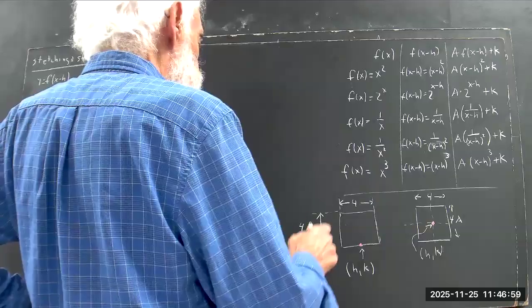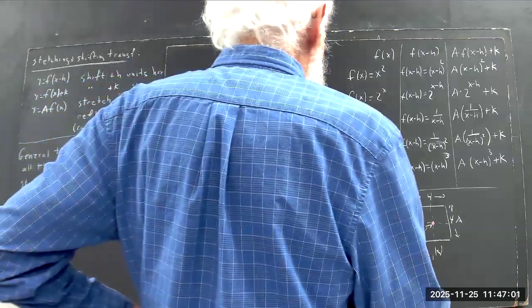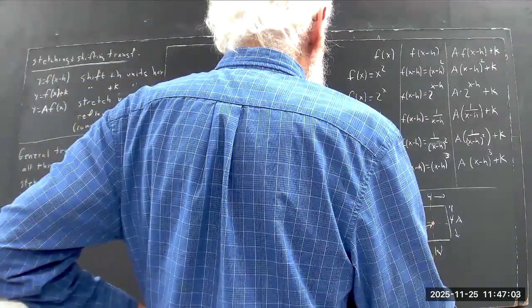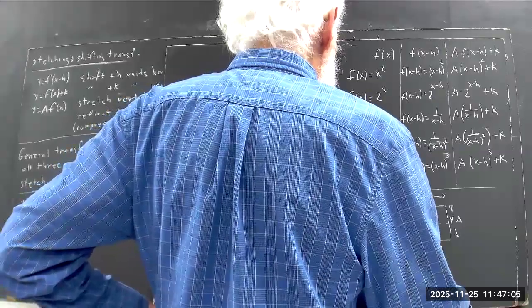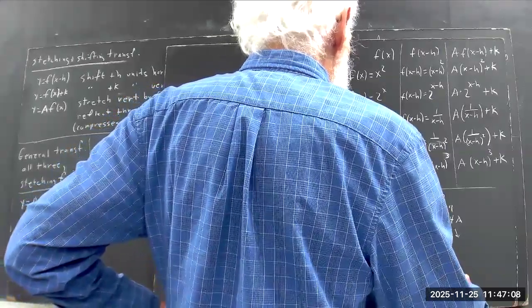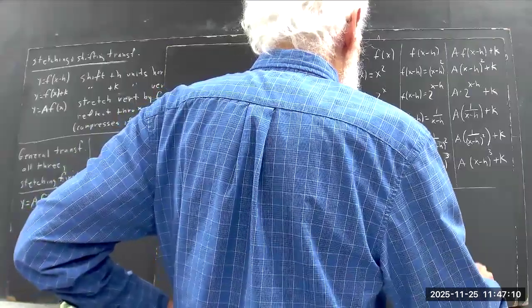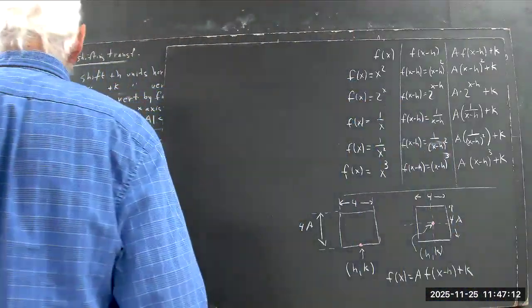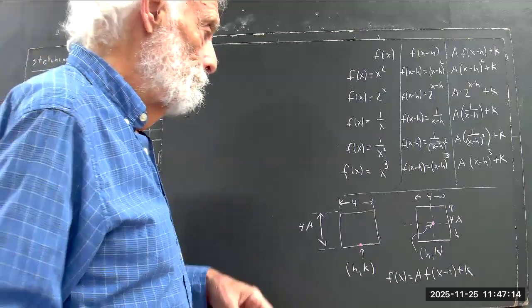This would be the graph of A f of x minus h plus k.